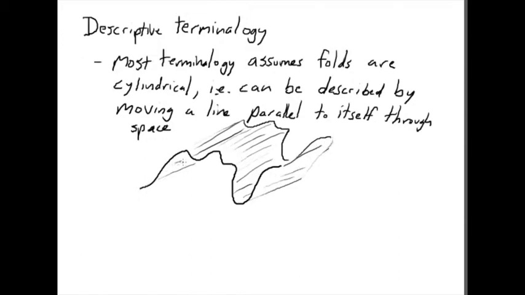Okay, so we've moved this, like you could think of this as this plane that's curved, or it's a curved feature that's made out of a bunch of lines that are all, if I drew it right, all exactly parallel to each other. Okay, so that's what we mean by cylindrical.